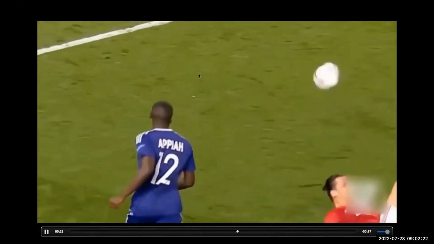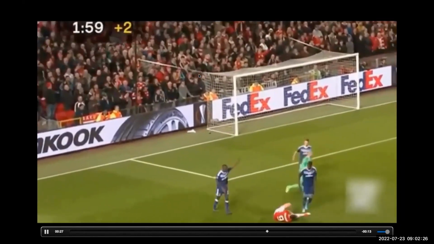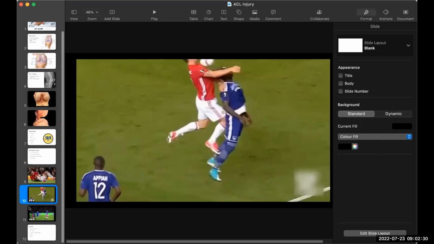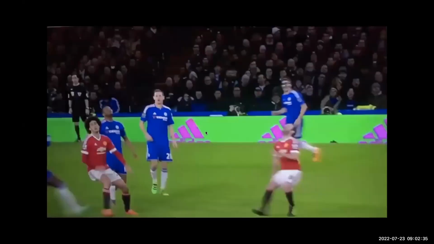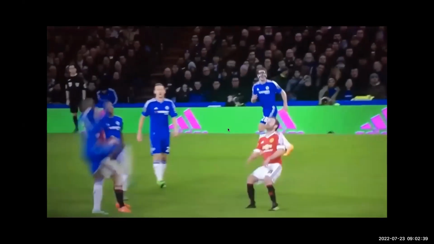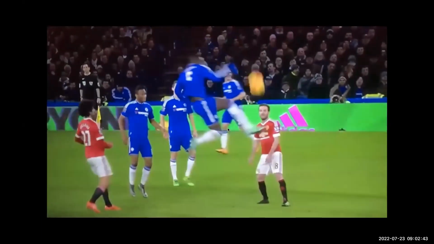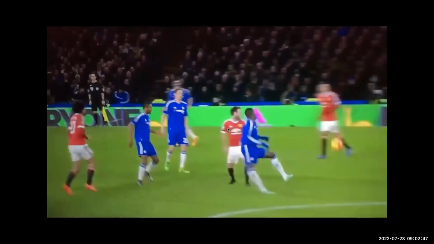It's a hyperextended mechanism. That is one of the mechanisms, and another one is also similar if you look at this one. He awkwardly landed on the right knee.